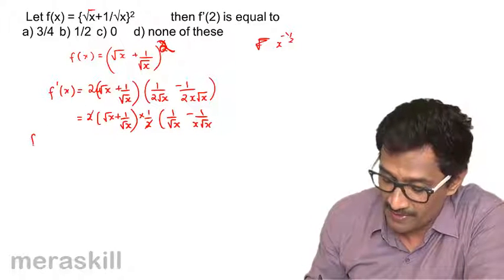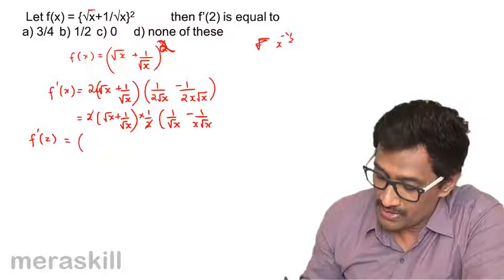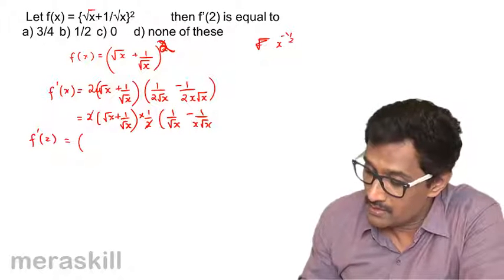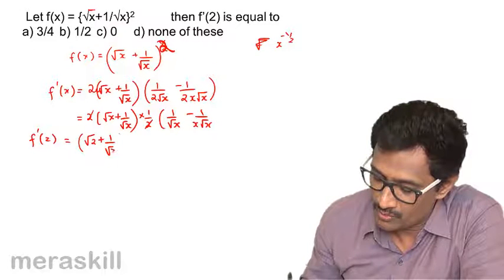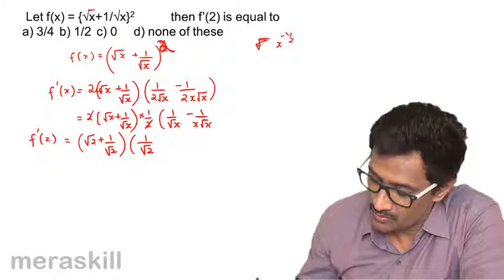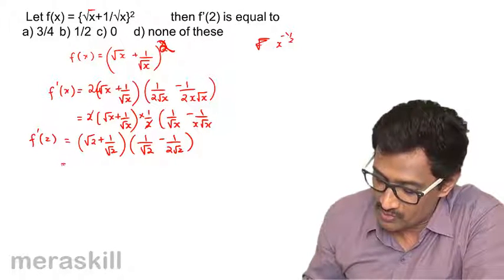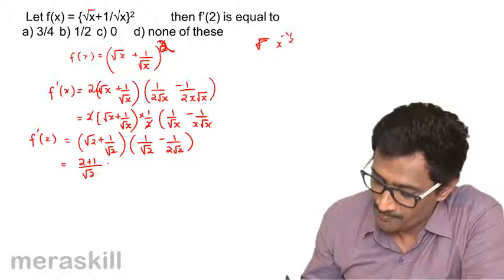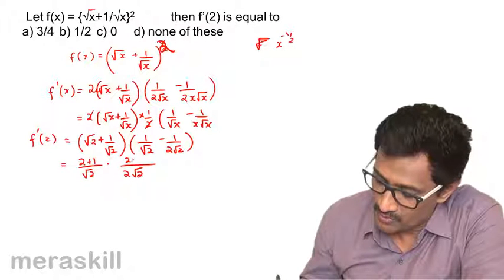Now you have been asked to find f dash 2, so put x equal to 2. It's root 2 plus 1 by root 2 into 1 by root 2 minus 1 upon 2 root 2. You can take LCM. So this will turn out to be 2 plus 1 upon root 2 into LCM is 2 root 2, 2 minus 1.